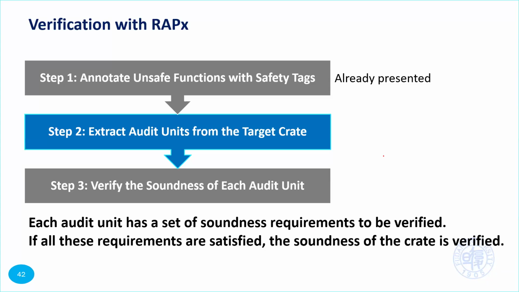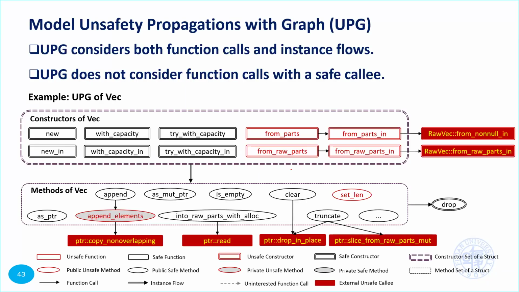So how do we extract audit units for the target crate? We should first model the unsafety propagation. We model it as a UPG, which is the unsafety propagation graph. The UPG considers both function calls and instance flows.